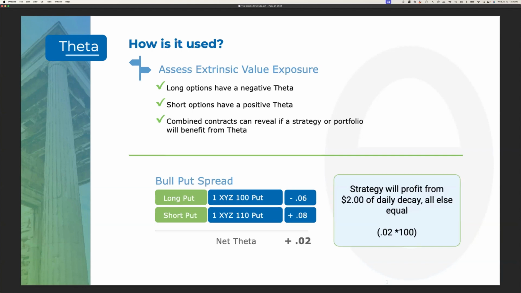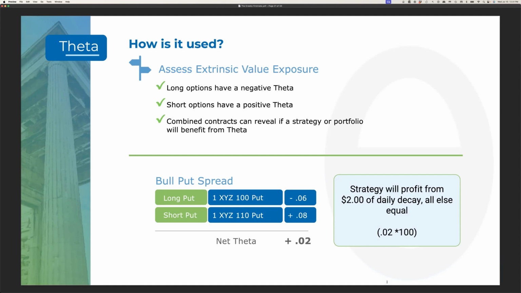And then in a different example here where you have a bull put spread, let's say you're long a put and that has a theta of 0.06, and then you have a short put where you have a theta of 0.08. Then you're basically losing 6 cents a day on your long put, but you're gaining 8 cents a day on your short put.